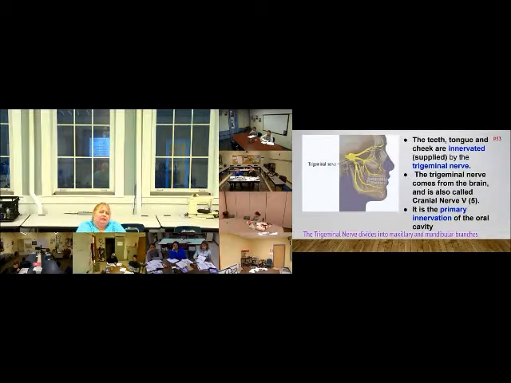So in the head and neck, the teeth, tongue, and cheek are innervated, or supplied, by the trigeminal nerve. The trigeminal nerve is also called cranial nerve number 5. And we say that it is the primary innervation of the oral cavity.